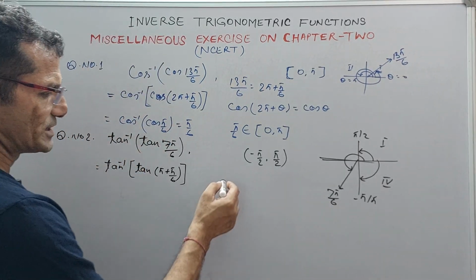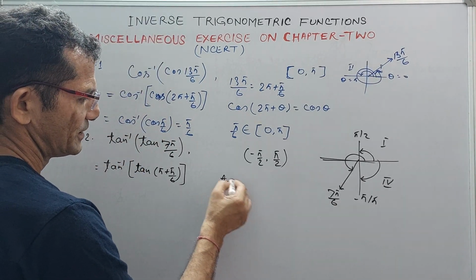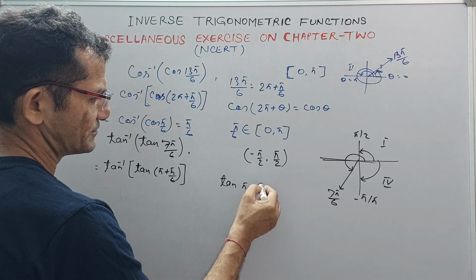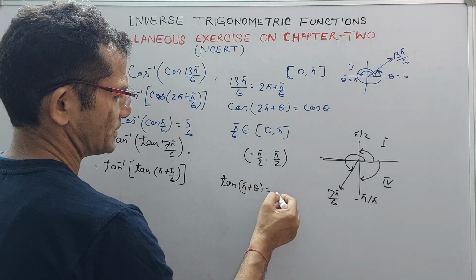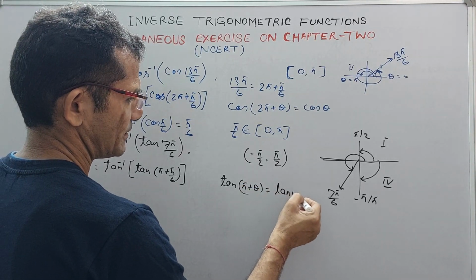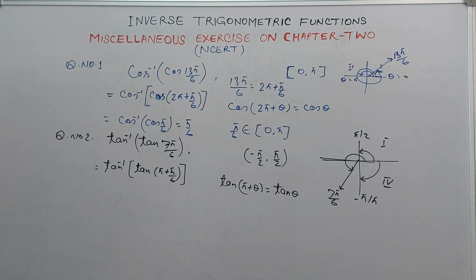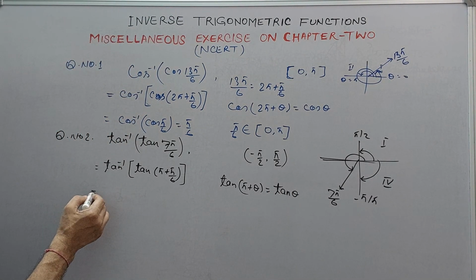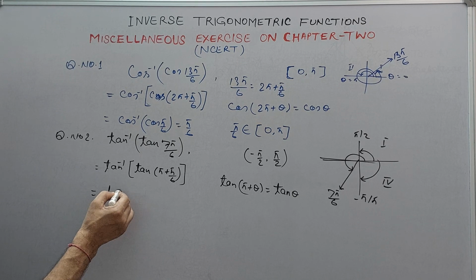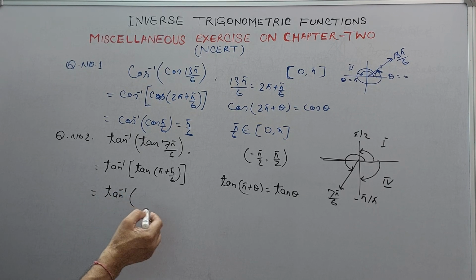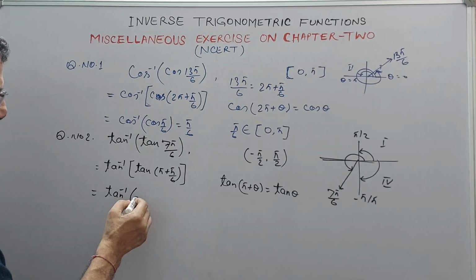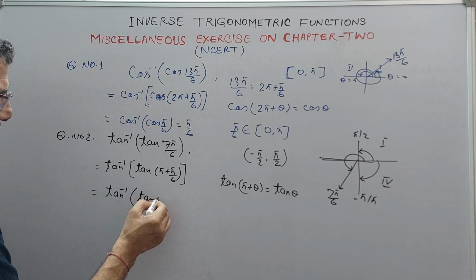In the third quadrant, tangent has the value tan of pi plus theta, which is plus tan theta. This is the formula we will use, so tan inverse tan pi by 6.